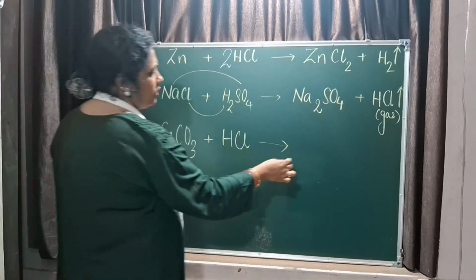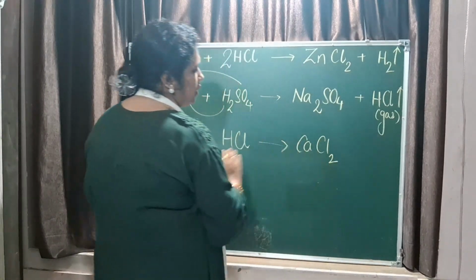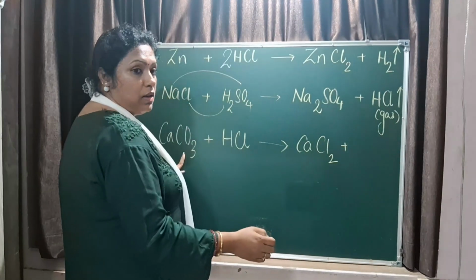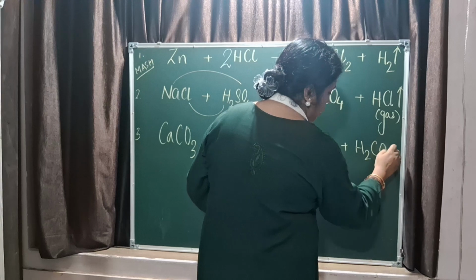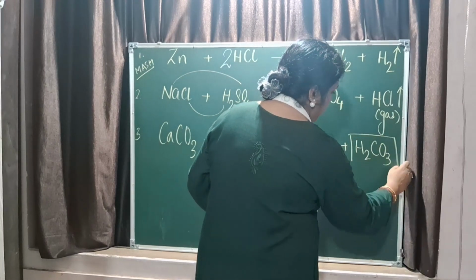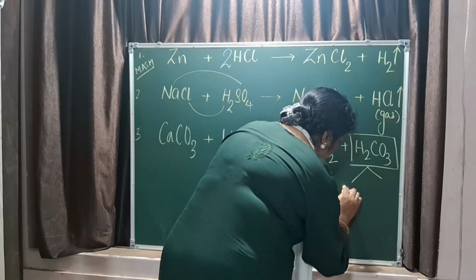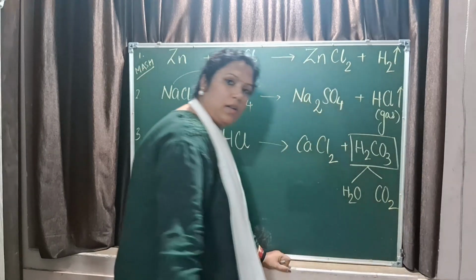Calcium chloride, calcium chloride valency 2, and HCO3. HCO3 will form H2CO3.